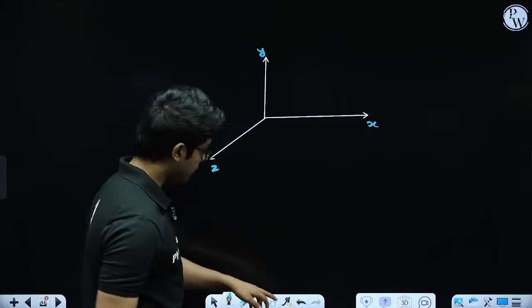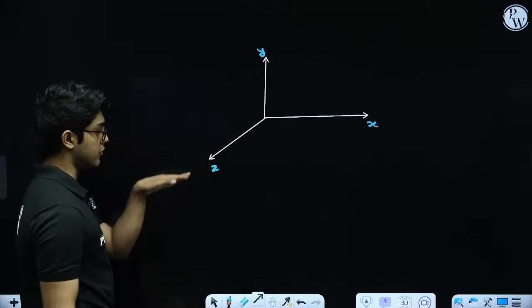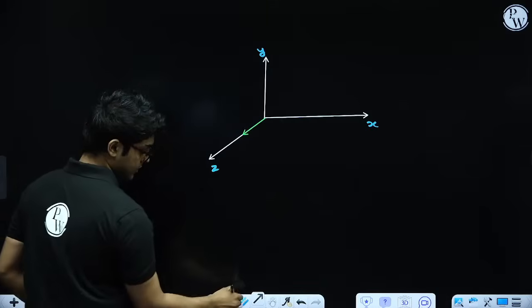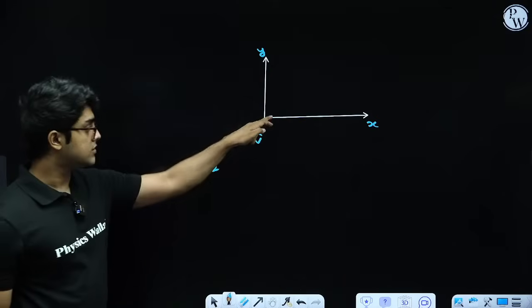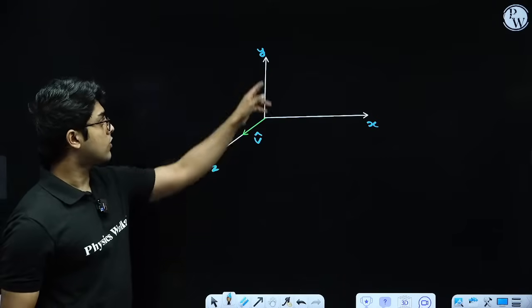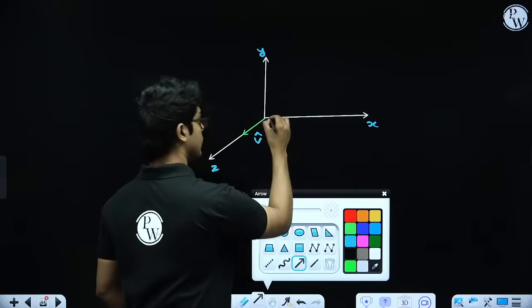We saw that the wave was propagating along the positive z direction, right? So we'll mark this direction as v cap. V cap just means this is the direction in which the wave is propagating. The electric field was along the positive y direction.